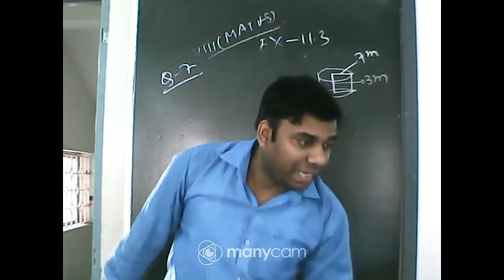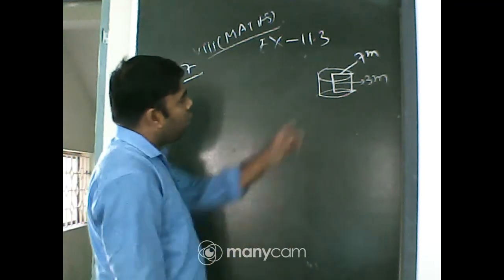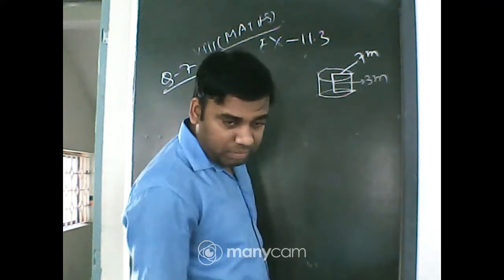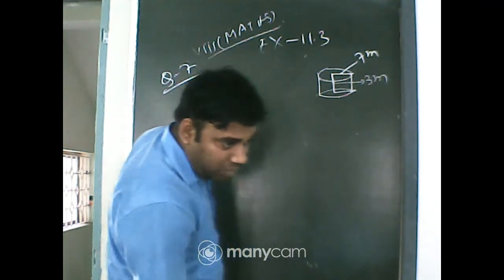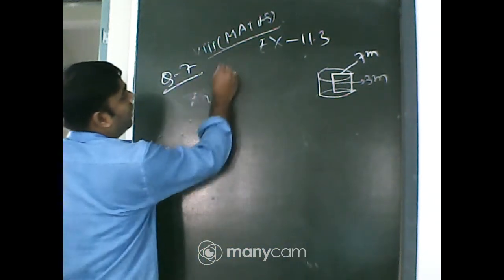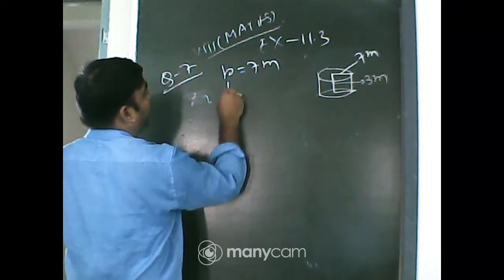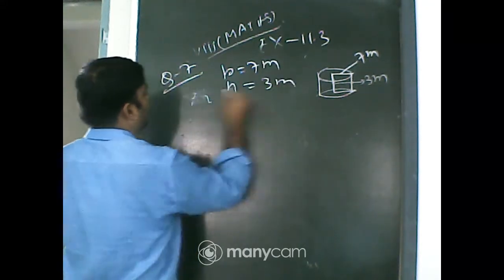So first find the area of the metal sheet. First of all, what is the area of that cylinder? Given R equal to 7 meter and height H equal to 3 meter.